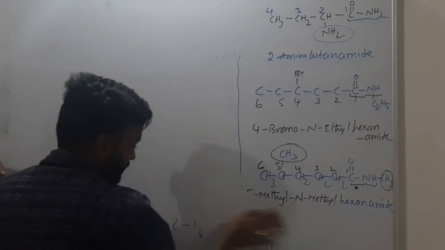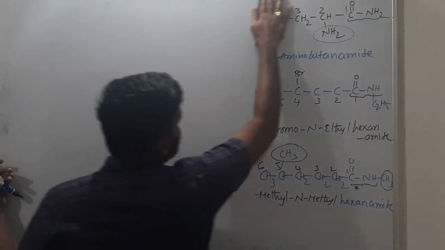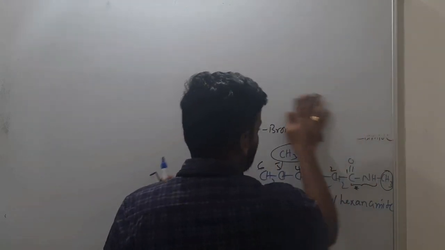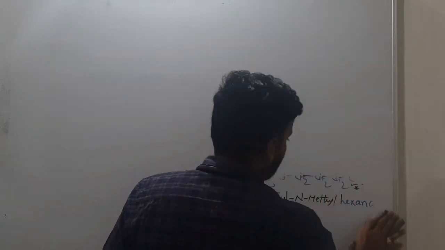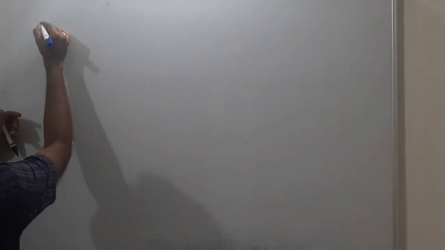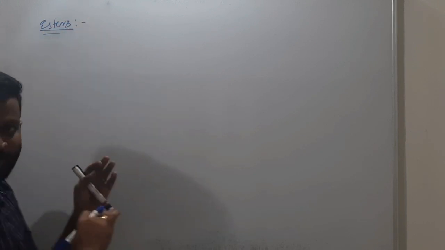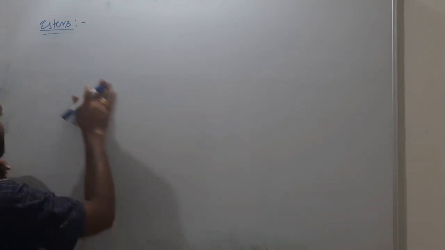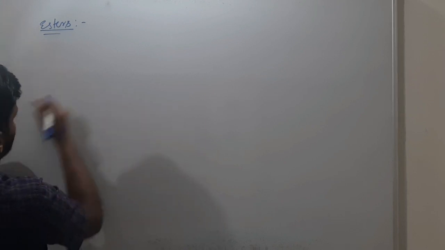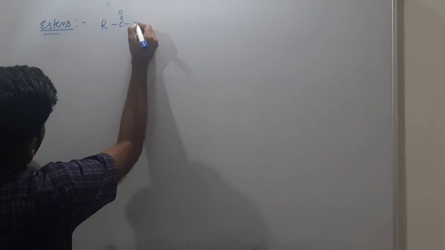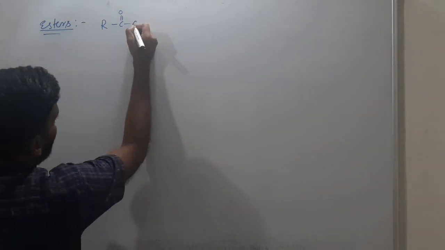Let's see. Those acid derivatives are esters. Do you remember esters? Esters and anhydrides we have. Anhydrides we will do by giving numbers. So here, esters: R–C double bond O with some OR here.